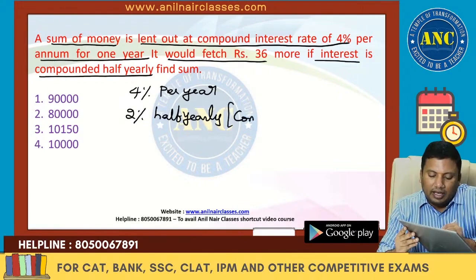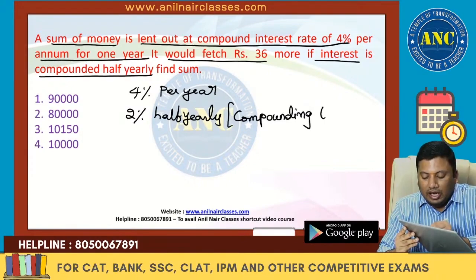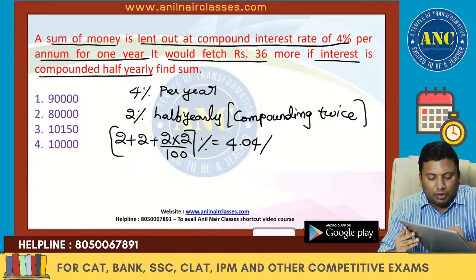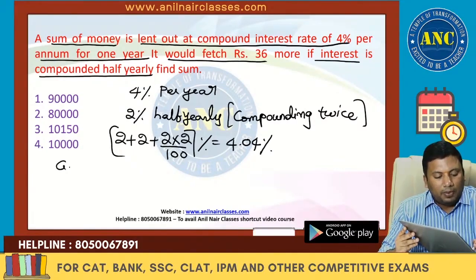If the compounding is done every 6 months, in a year it is done twice, so A plus B plus A into B divided by 100 gives 4.04%.